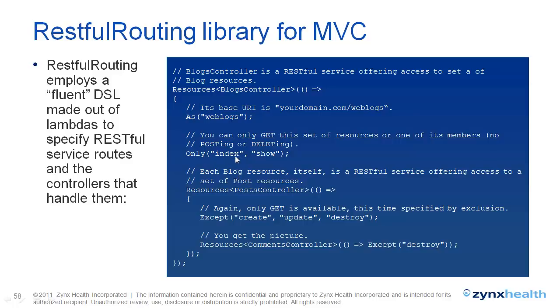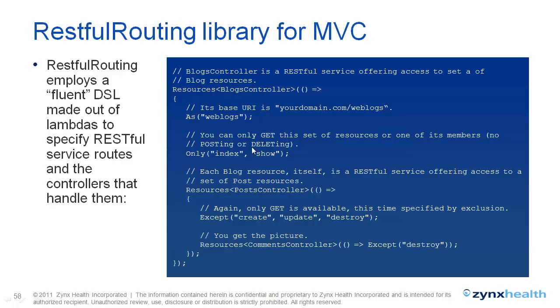So here we're saying, by use of the only function here inside this lambda, we are declaring that only these operations are supported by this controller. In other words, only these operations are supported on this set of resources. Within this set of resources, further down the hierarchy, declared here is the set of posts.